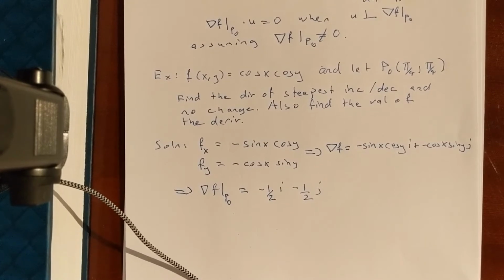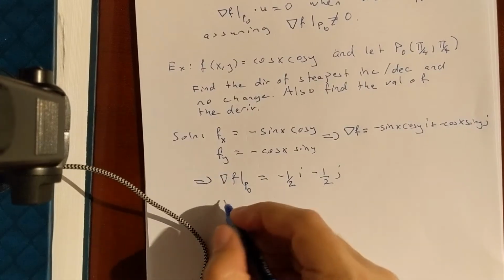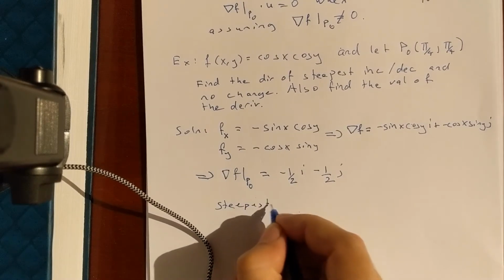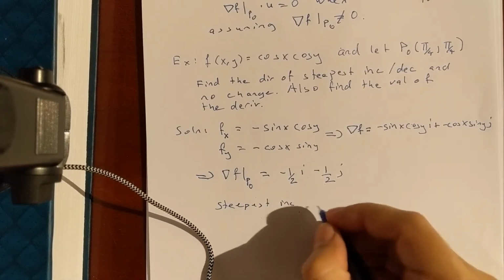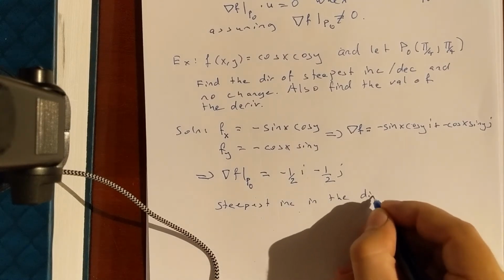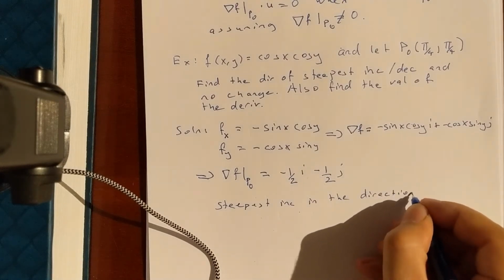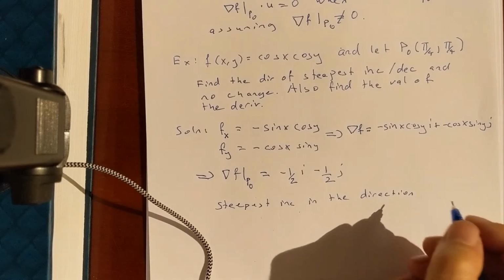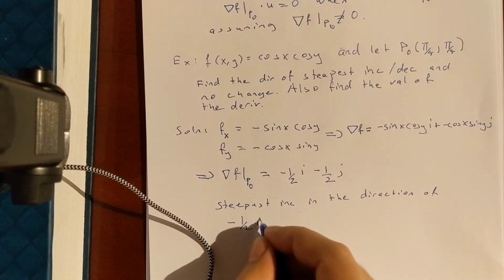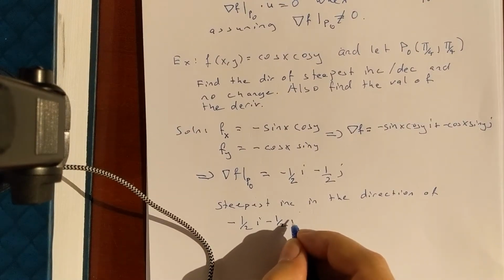Now, we want to find the steepest increase in the direction of minus 1 over 2 i minus 1 over 2 j.